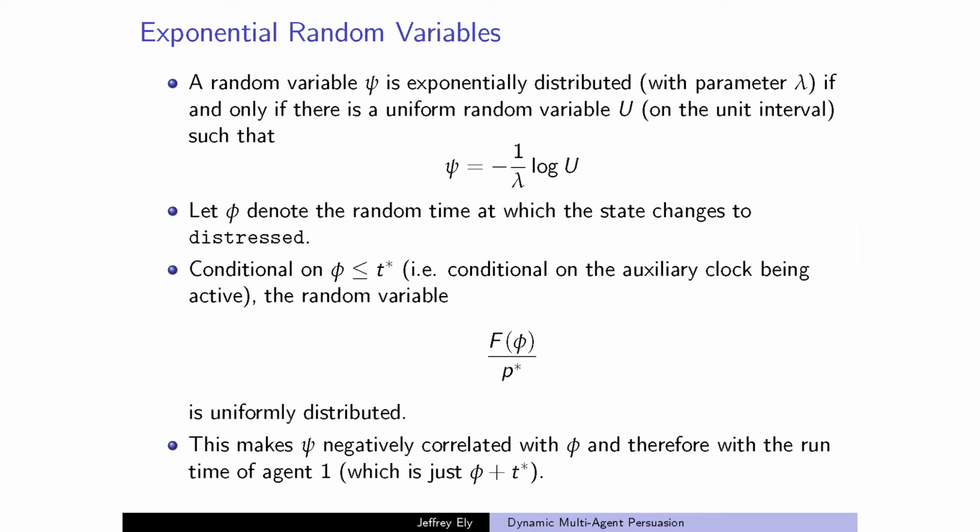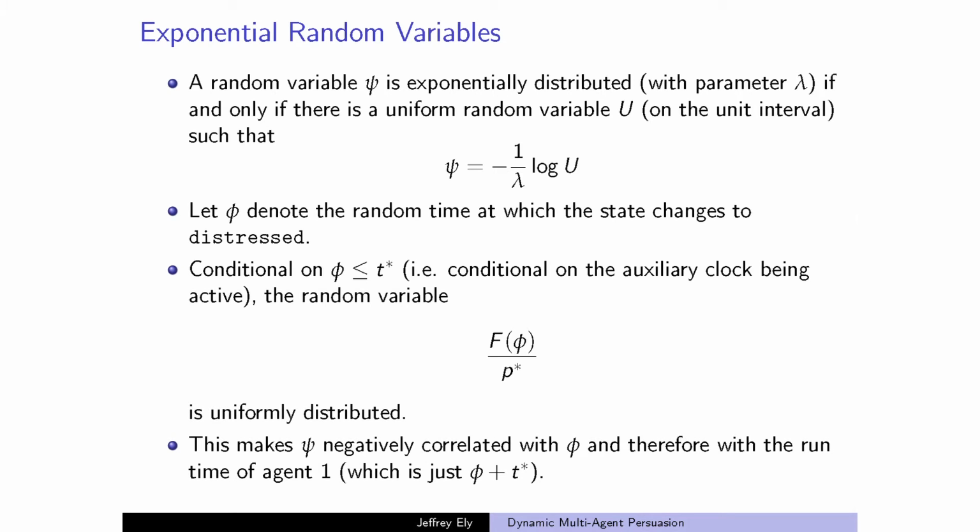But conditional on phi being less than t star, it takes values between 0 and p star, because the probability that phi is less than or equal to t star is p star. The probability that there's a state change before time t star is p star.